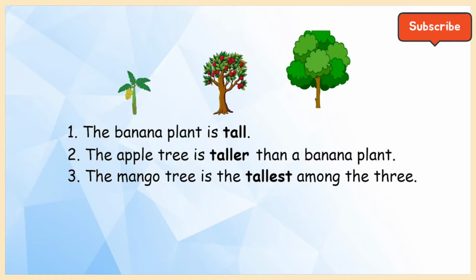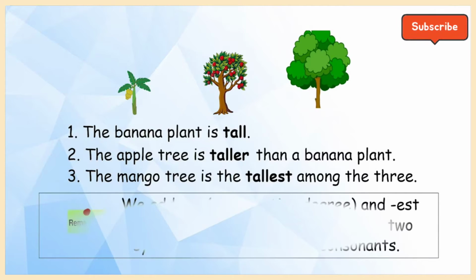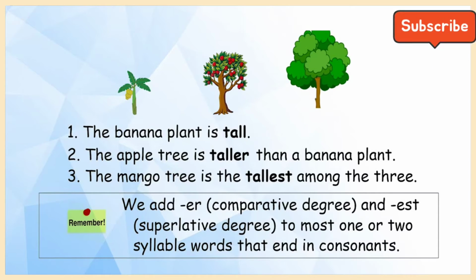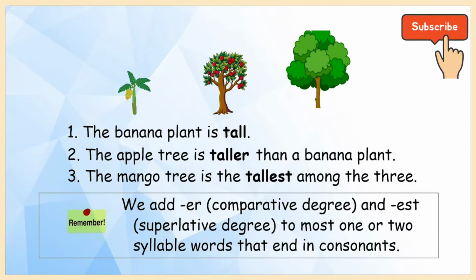In sentence 3, which is superlative degree, what is added to the word tall? We add ER for comparative degree and EST for superlative degree to most one or two-syllable words that end in consonants.